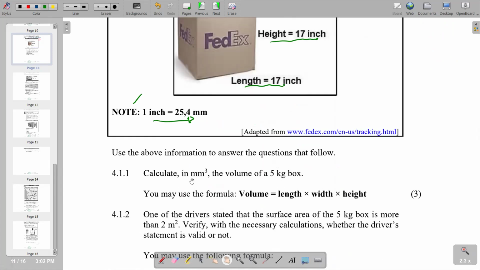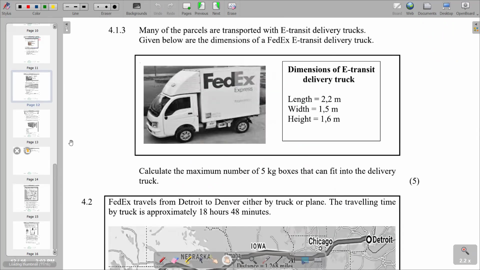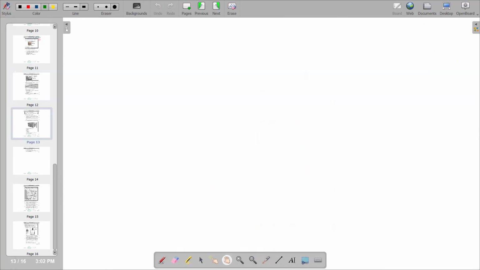First part of our question: calculate, in millimeter cubed, the volume of a 5 kg box. You may use the formula volume equals length times width times height. So the first thing we have to do is put down the formula, 4.1.1.